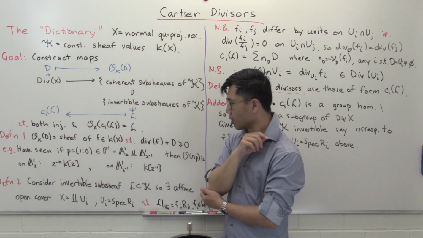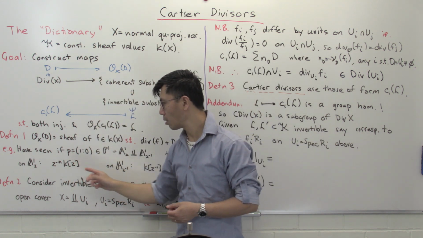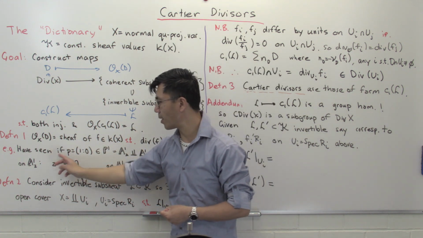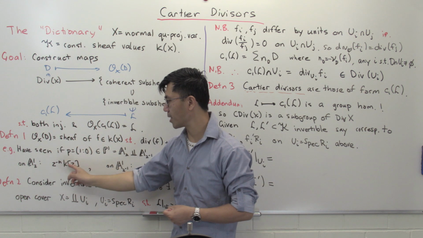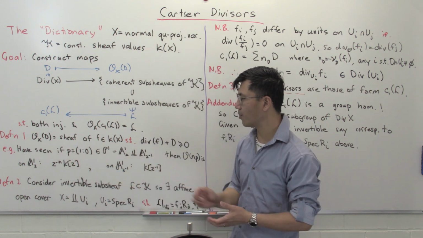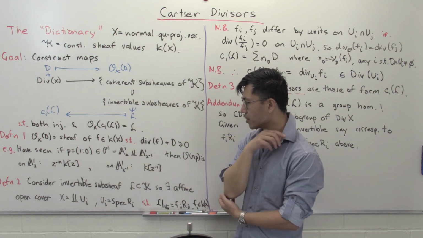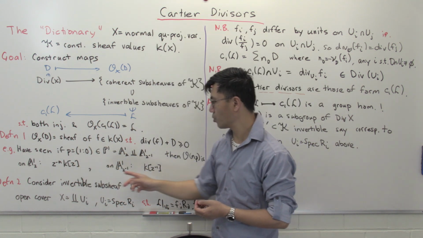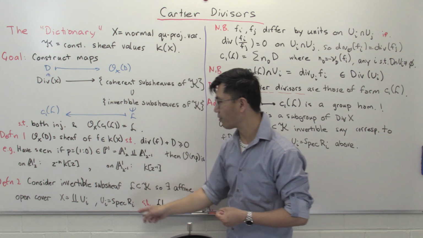So here you have an invertible subsheaf of script K. It's given on A1 by this z to the minus n K of z, and here by K of z inverse. And note that to describe them, we use the rings of regular functions on each of them.